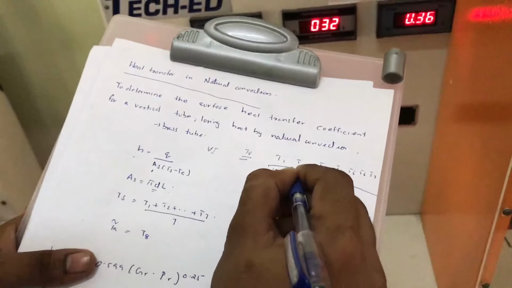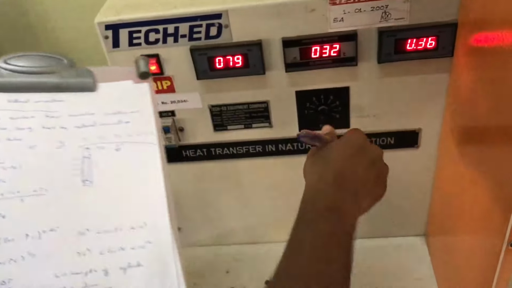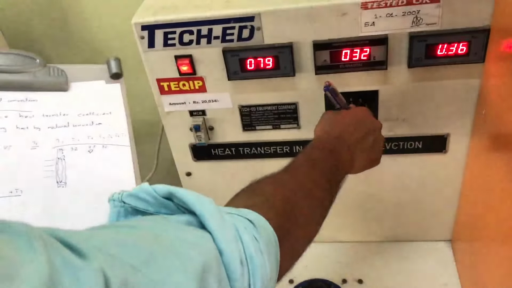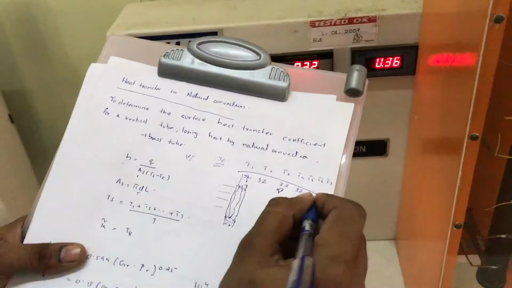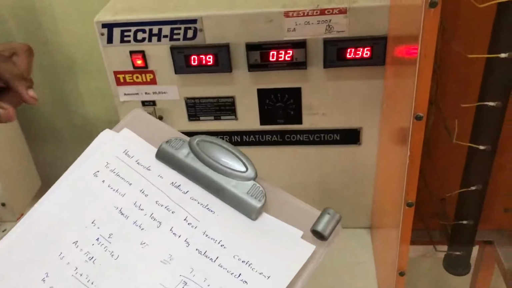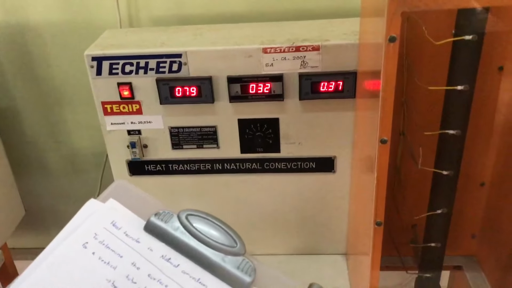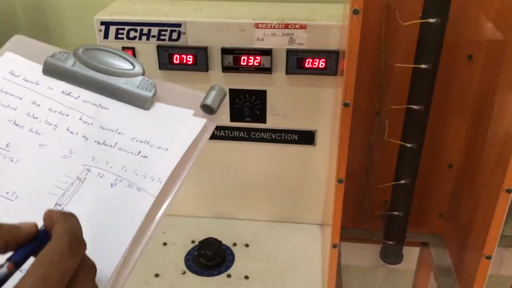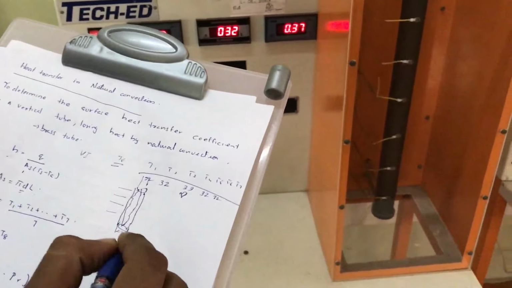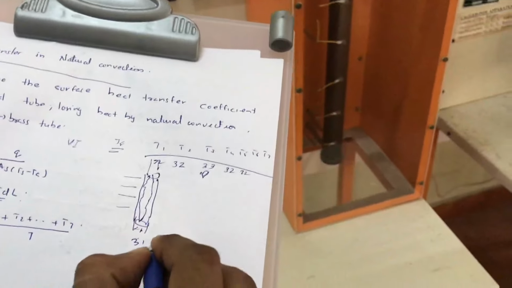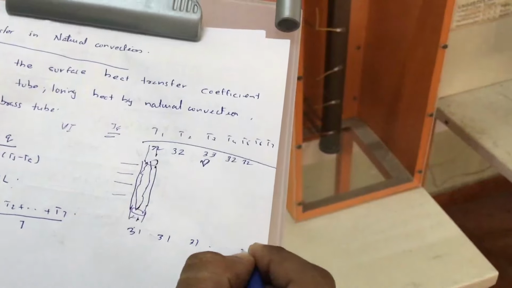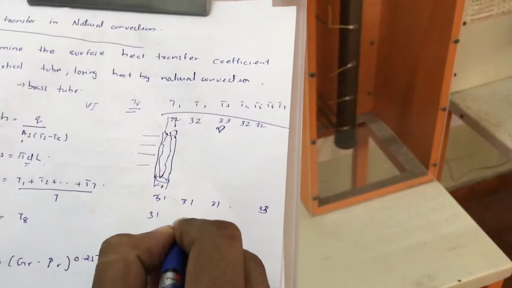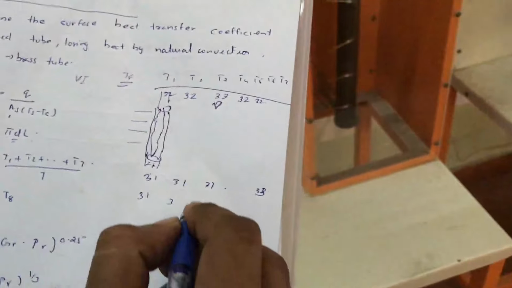Now we have T1 32, T2 32, T3 32, T4 again 32, T5, and so on. After taking the first set of readings, we take the next set after 10 minutes. We keep taking readings at intervals of 10 minutes, and at last a stage will come when the readings of a set are the same as those of the previous set.